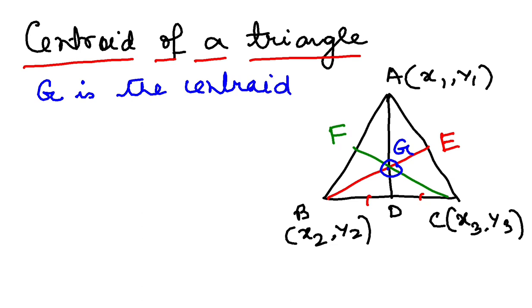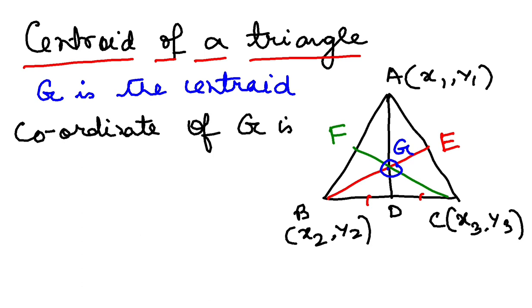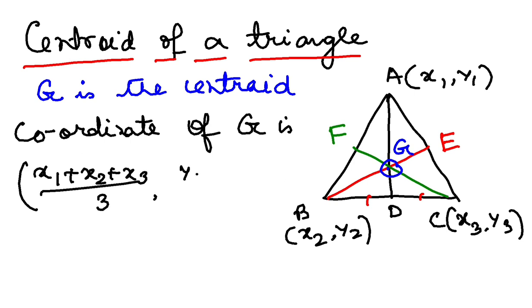Now using coordinate geometry, you can find the coordinate of G, that means the coordinate of the centroid. It is a very easy formula: (x1 + x2 + x3)/3, comma (y1 + y2 + y3)/3.